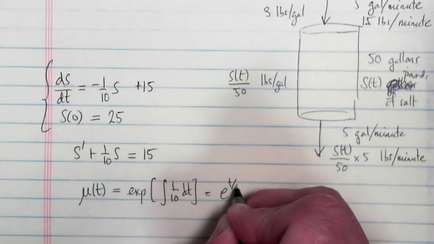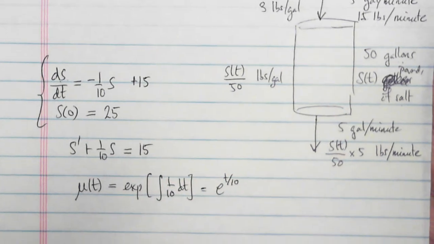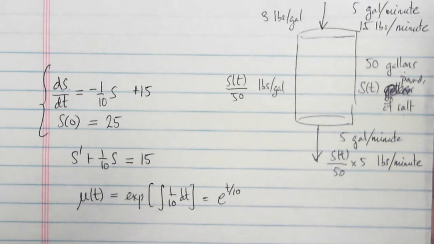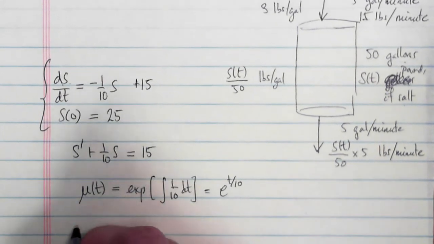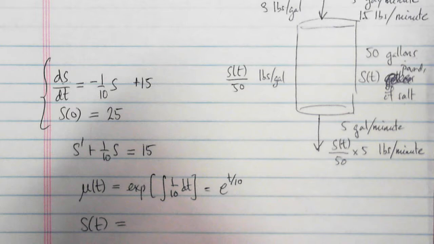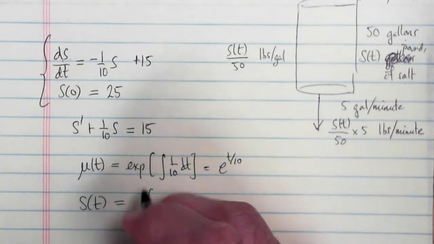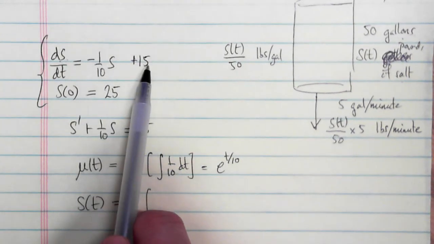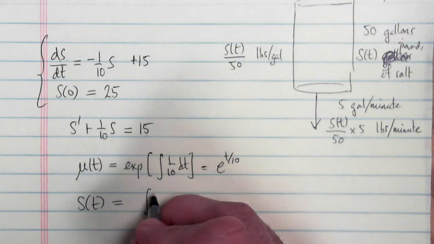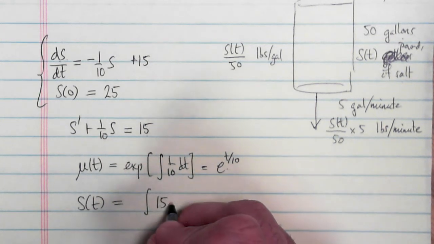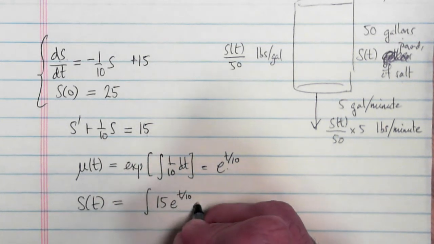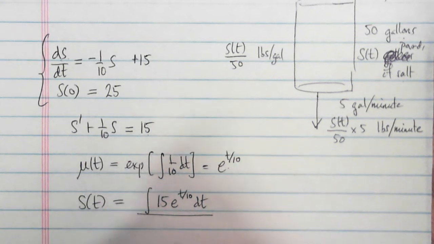That's e to the t over 10. And as always, the plus c is not necessary when figuring out the integrating factor. And therefore, the function in question, s of t, will be equal to the integral of the right-hand side, 15, times the integrating factor, e to the t over 10 dt, all divided by the integrating factor, e to the t over 10.